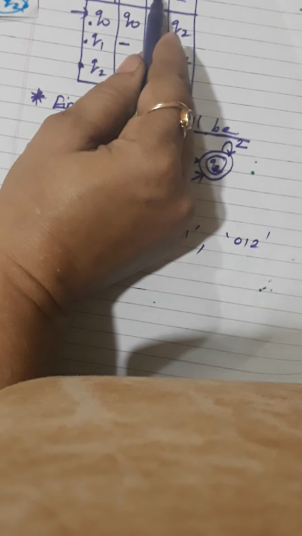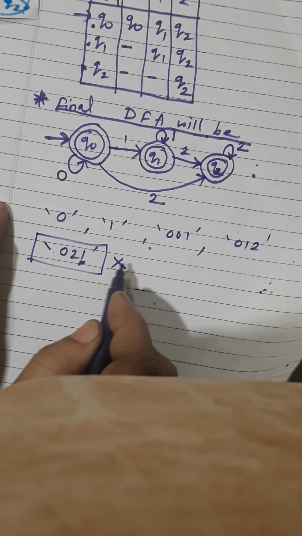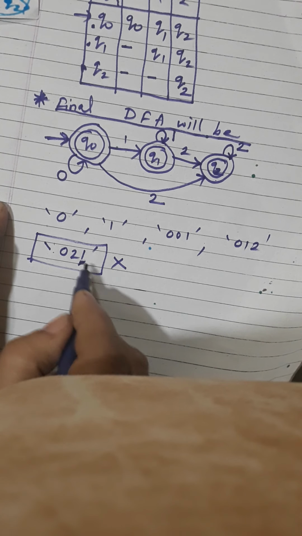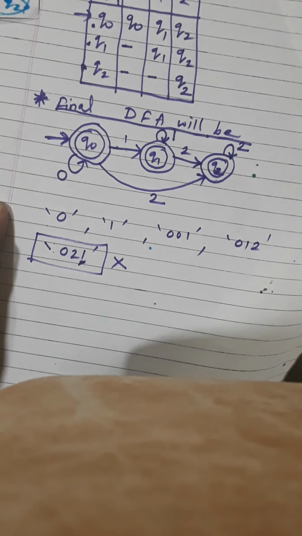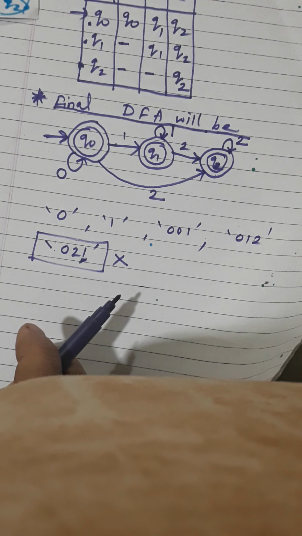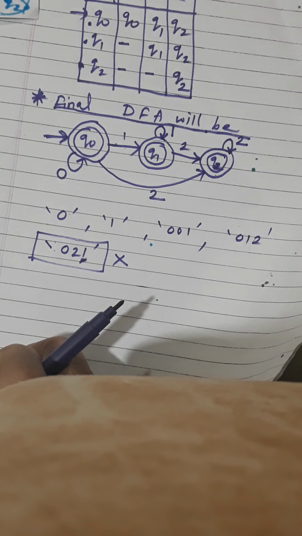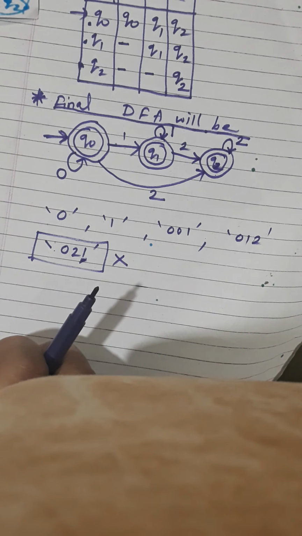See, Q2 on 1 moves nowhere, so no transition is available for 1. So this will not be acceptable by this DFA. Okay, so I hope you have understood it. Okay, how to convert the NFA with epsilon transition to without epsilon transition. Thank you.